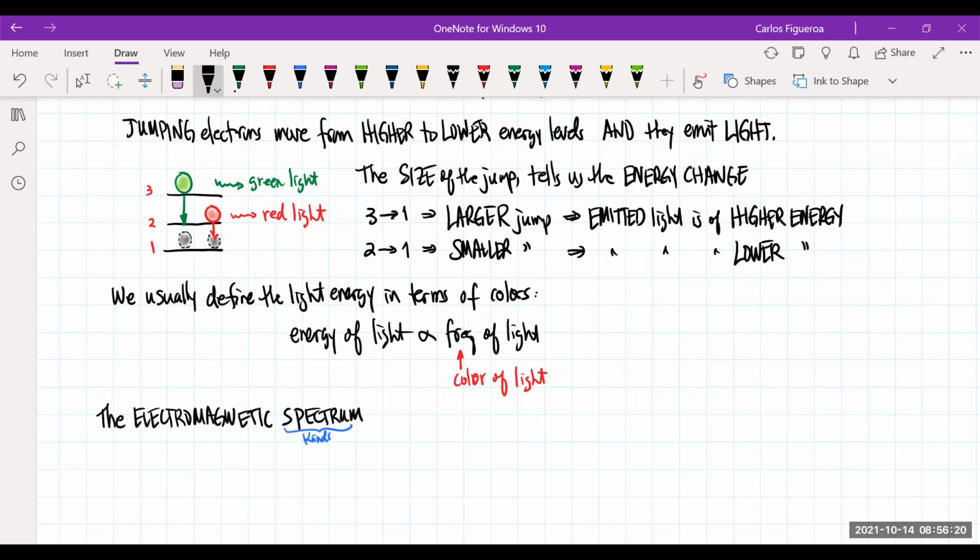So the electromagnetic spectrum comes in 6 categories. And if we get all the way to light, I'll explain what these categories are. They come in 6 categories. But we will only focus on visible light.